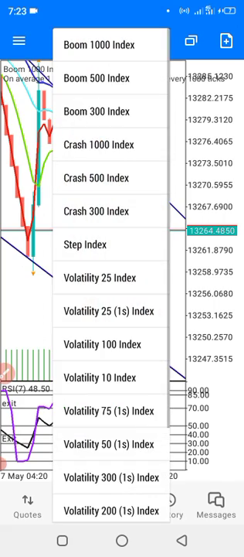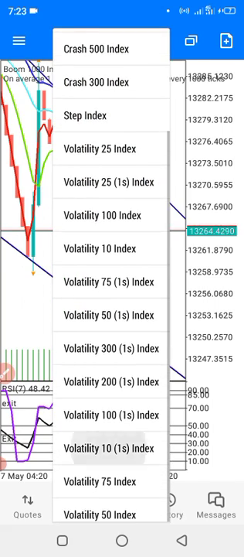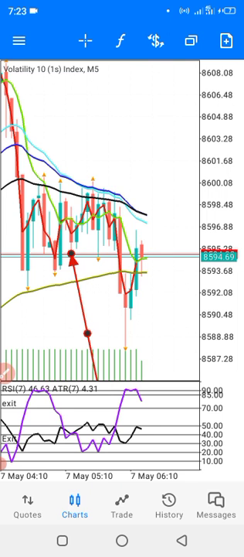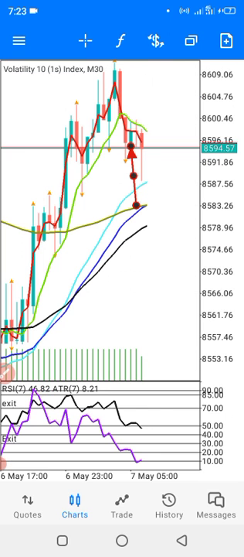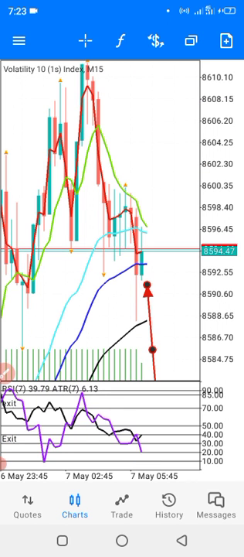But going back to the step index that I'm trying to point out to you now, when you go to the higher time frame, look at what the moving average is doing. The price got to this level and got rejected on the 30 minutes time frame. Now let's go back to the 15 minutes time frame.